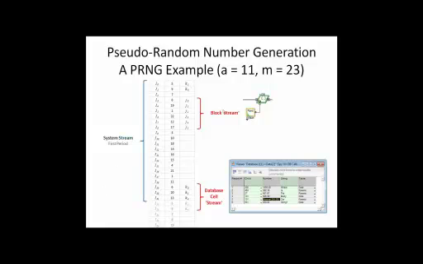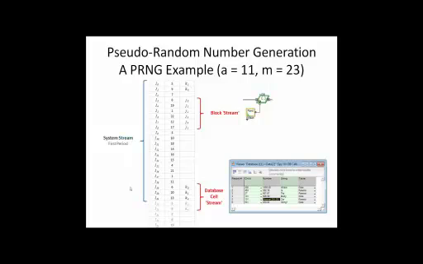This time, I'm using a multiplier of 11 and a modulus of 23. This will be essentially a useless generator, but at least it illustrates the issues that we're looking at in terms of the way the blocks and database cells use portions of the system stream.